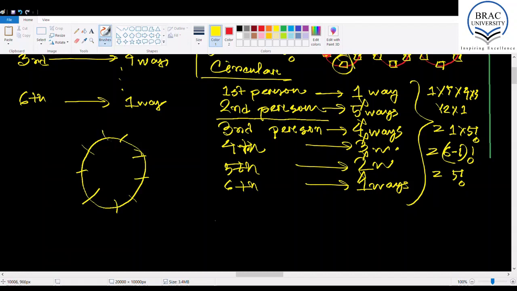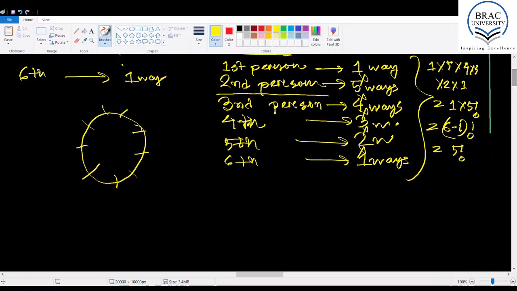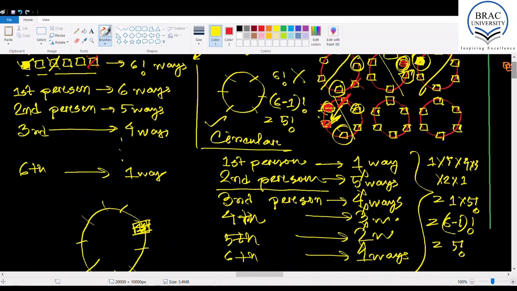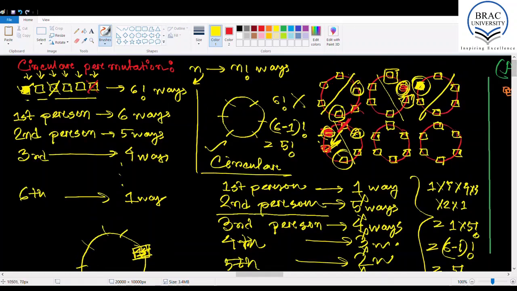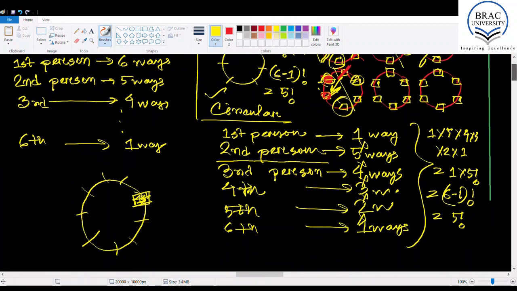to be arranged around a circular table, then for the first element, no matter which seat or which position it chooses, the view will be the same, because as we saw there, the first person being seated always got 3 empty seats in front and 2 empty seats on his 2 sides.